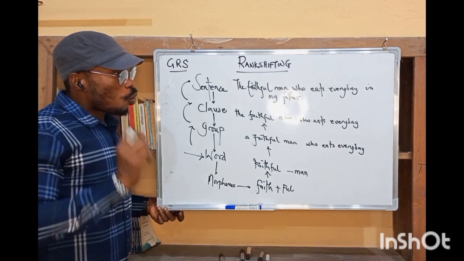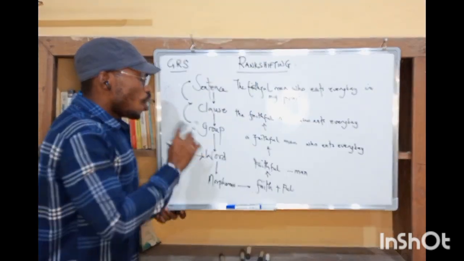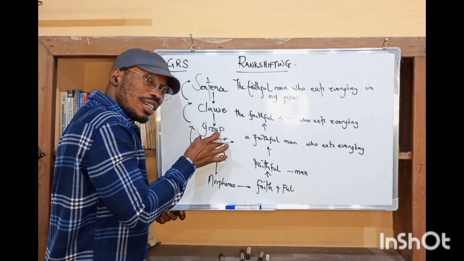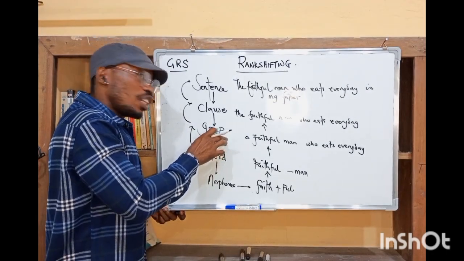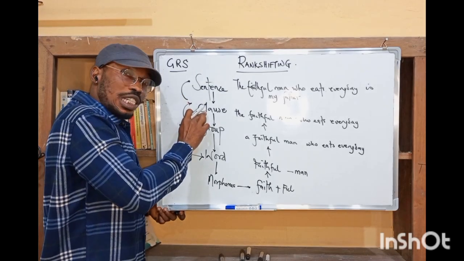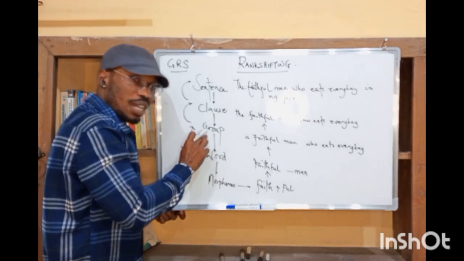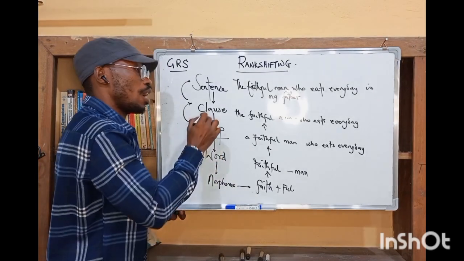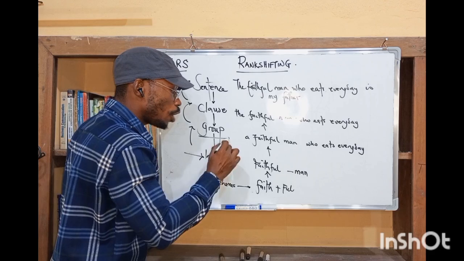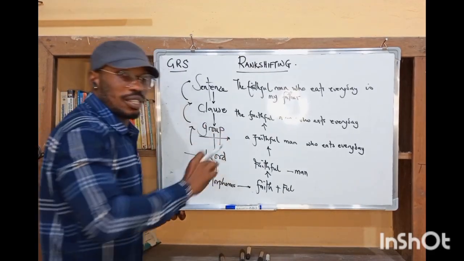Right. When the concept of rank shifting comes up, it is when one rank stops functioning in the capacity of the superordinate rank and then functions within that same category, such as when a group, instead of coming together to give clauses, functions within a group category.